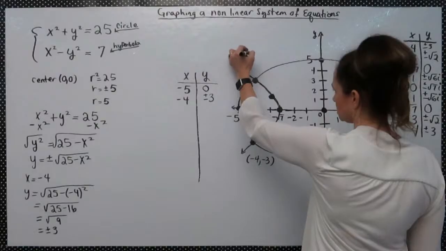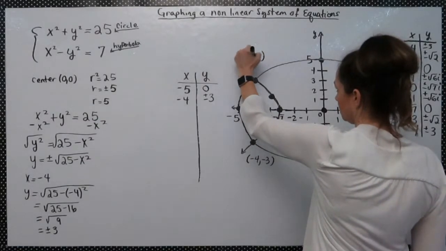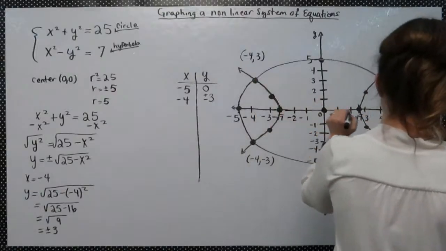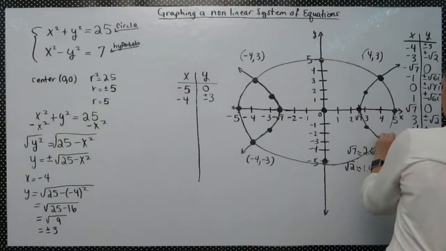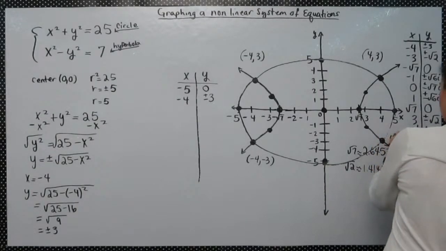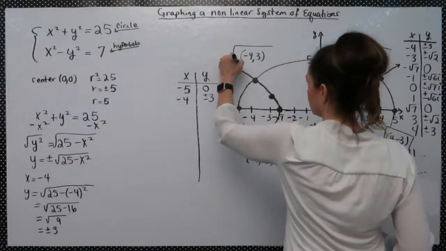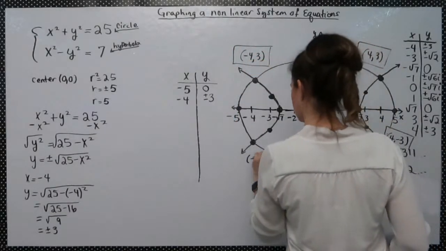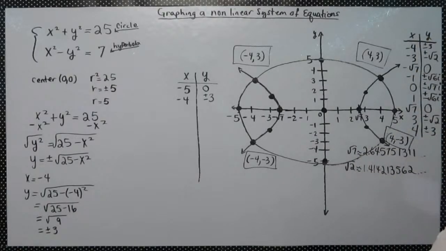We've got -4, comma +3. And then over here we'll have +4, 3, and down here we'll have 4, comma -3 for our solutions. Good. That was luck. A little bit of luck.